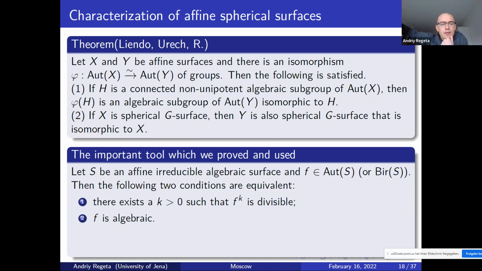Short question: what is not true for unipotent groups? What is broken? We have a counterexample. It's not true that the image of a unipotent group is unipotent. But is it algebraic in this counterexample, or not algebraic? It's not algebraic. It's really nothing.